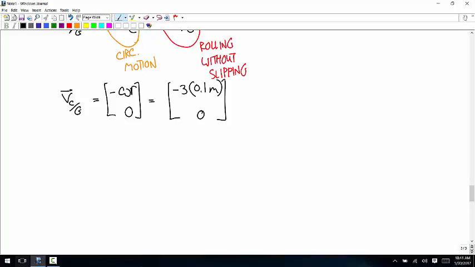Yeah, right. You're right. So the velocity of C is equal to 3.0 meters per second.